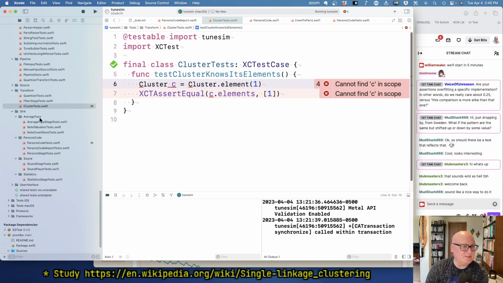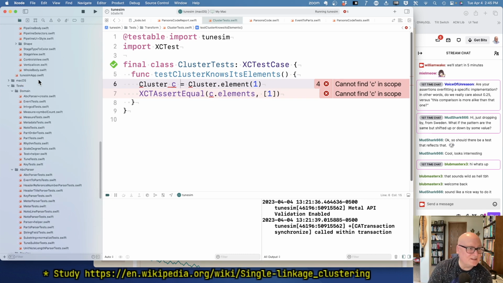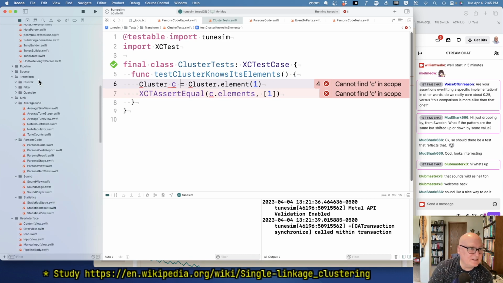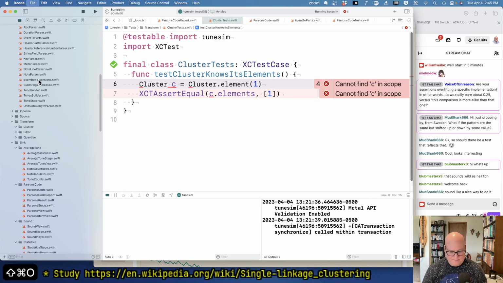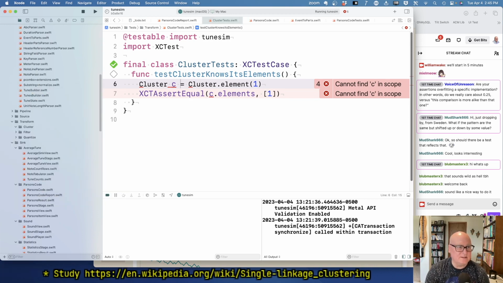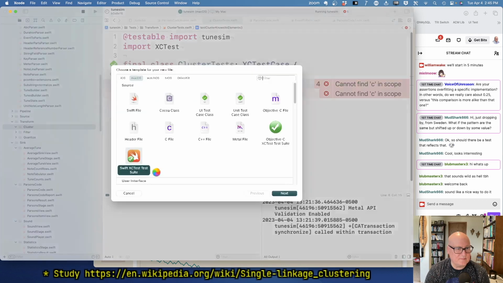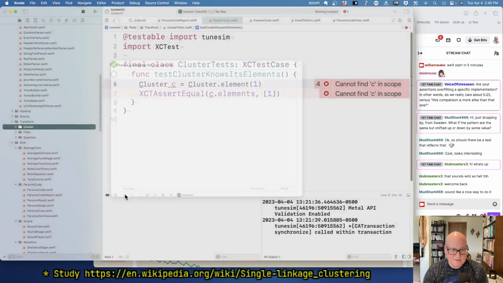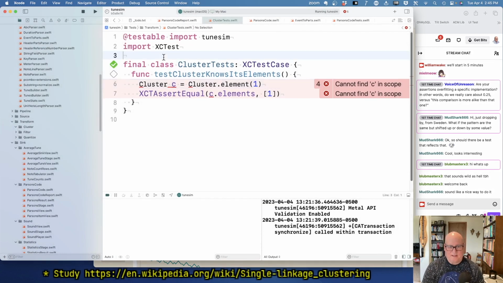All right, I think I created the file for it. Well, do it the fast way. I did not. I guess I created a folder for it. Let's make a new file. Actually, I'm going to do this kind of inline for now.